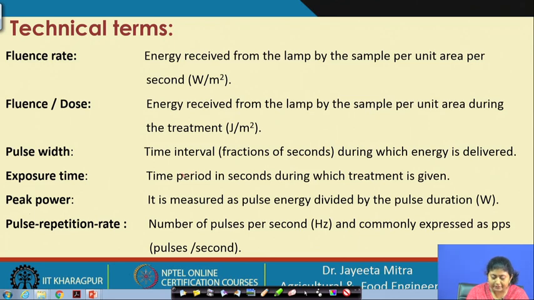So, the time interval during which the energy is delivered is the pulse width, and the time period during which the treatment is given is the exposure time. What is peak power? It is measured as the pulse energy divided by the pulse duration, because it generates a peak and then it gradually diminishes.